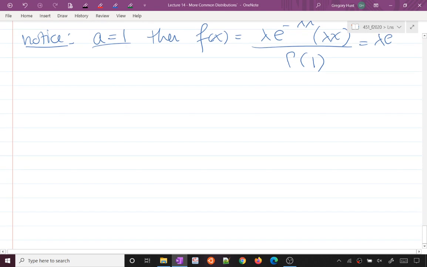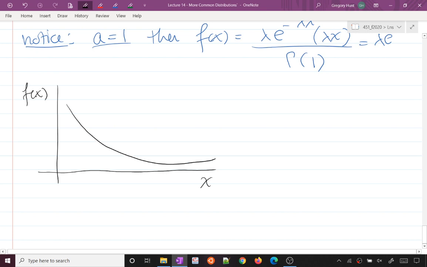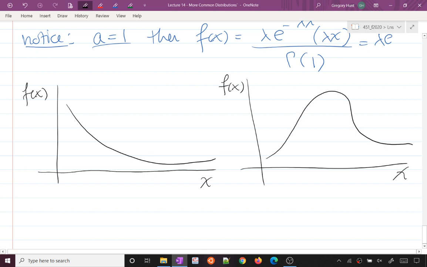And let's look. All the facts we derive should be true, so when a is 1, we should get exactly back our exponential distribution. But the gamma distribution allows us to have more interesting shapes. If I look at, say, the PDF, you could get something that looks like this. Or if I change my shape parameter, I could maybe get something that looks like that.